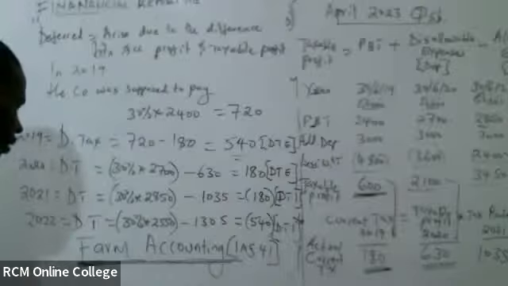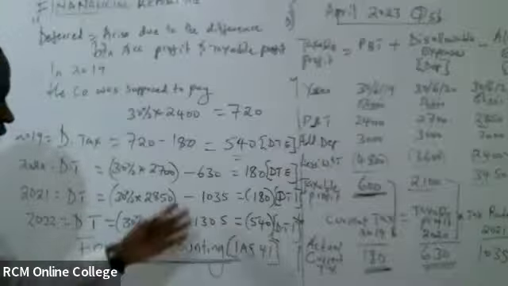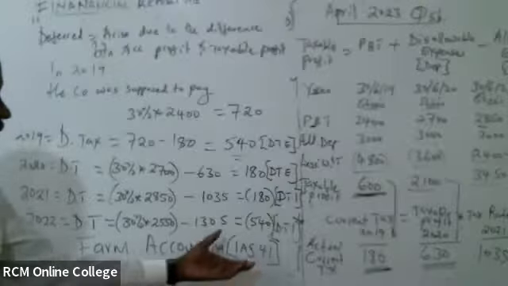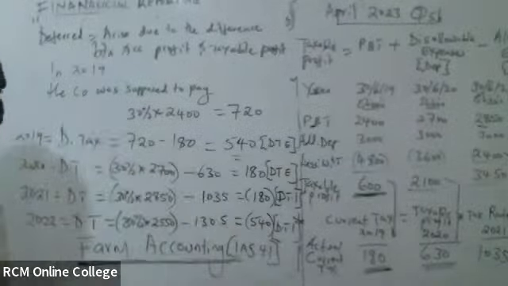That's how you get to understand these things, and as you do them as many times as possible, you master them. So farm accounting, IAS 41. Kindly during your free time, you can Google IAS 41 and see what it says.